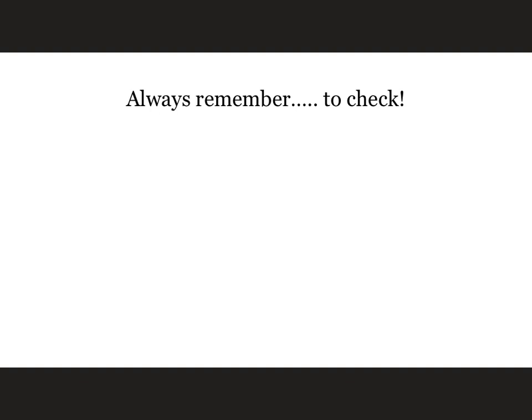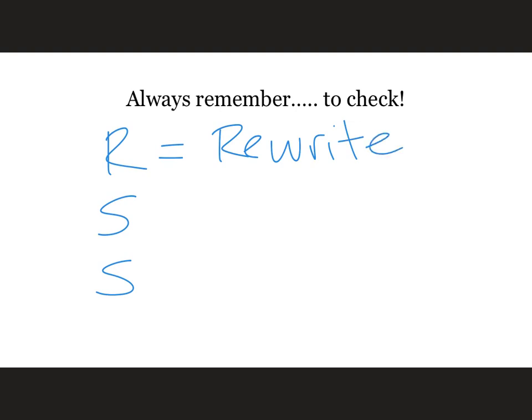One of the big things that we need to remember to always do in equation solving is to check. And in class, we talked about checking using RSS, and this is no different. So once again, we're going to use RSS, and we know that the R just simply means rewrite. So we're going to rewrite the equation just as it is.